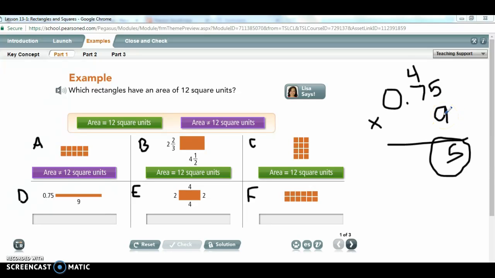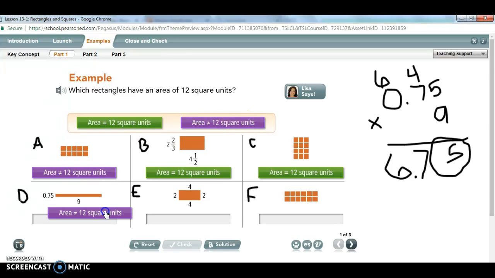So 9 times 7 is 63 plus 4, 67. 9 times 6 is 54. 9 times 0 is 0 plus 6 is 6. My decimal point goes over 2. So my answer, 6.75, like I said, does not equal 12 square units.